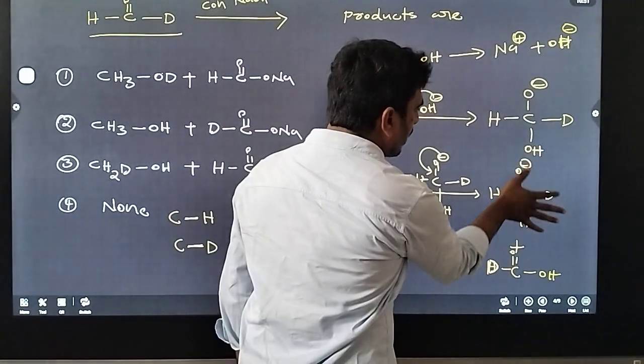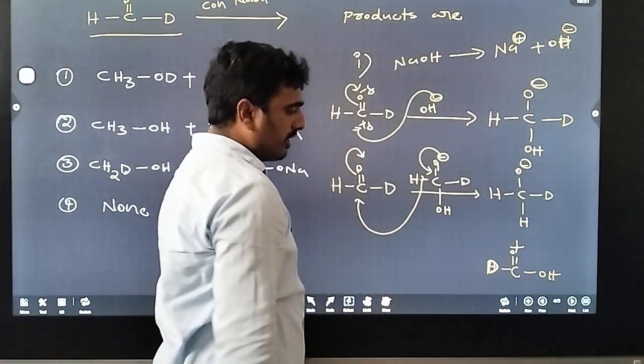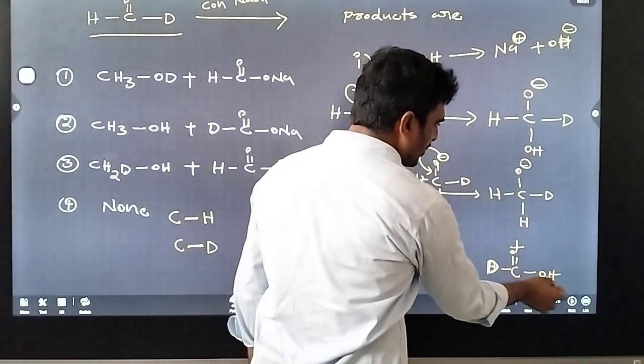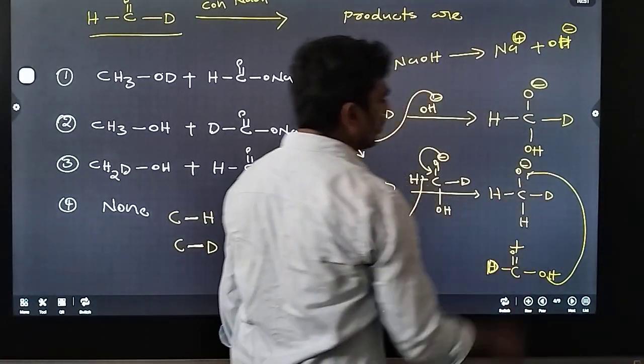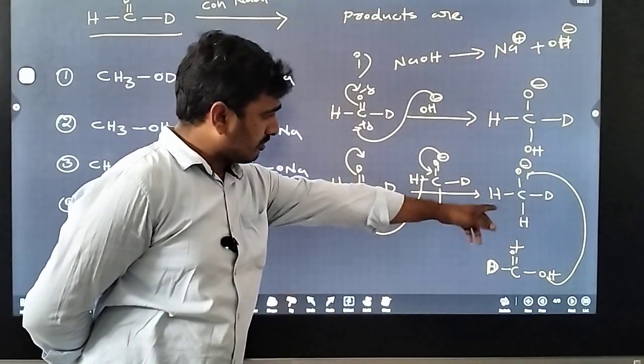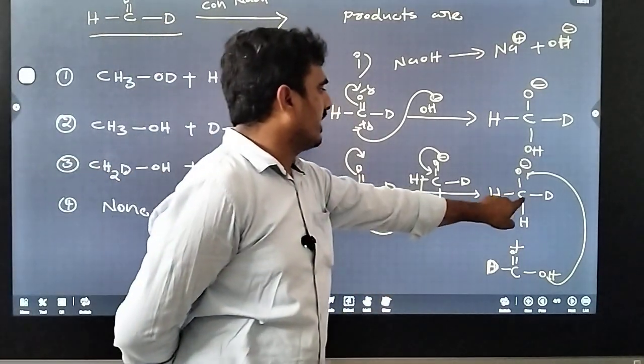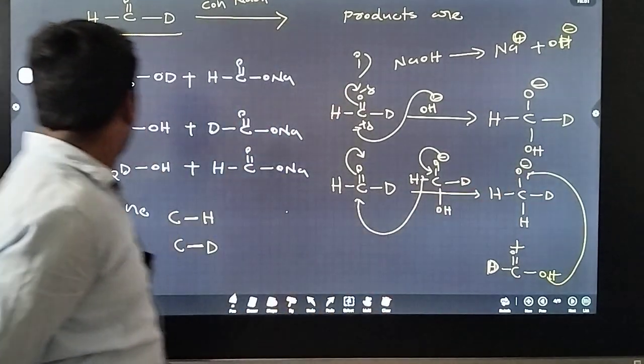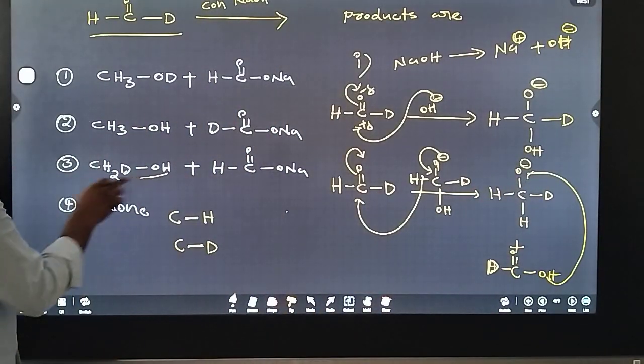This is the conjugate base and this is the acid which provides the proton, and this proton attacks here. So we get CH2DOH.